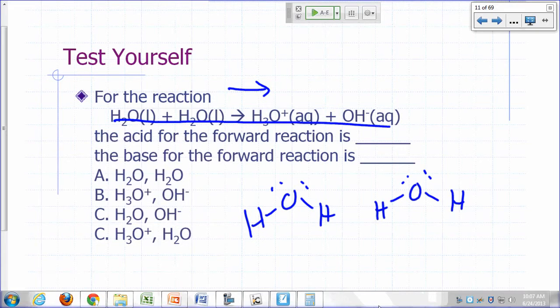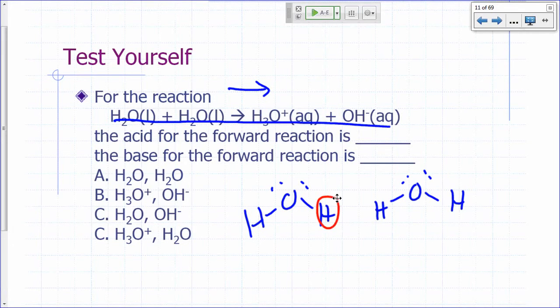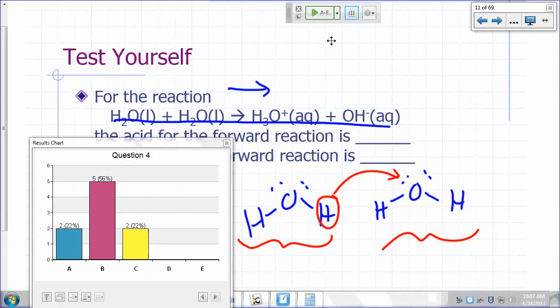A proton transfers from here to here, right? So what's the acid? The acid is where the proton came from. The donor, what's the donor? H2O. What's the acceptor? Also H2O. So the acid is H2O, the base is H2O. So the correct answer is A.